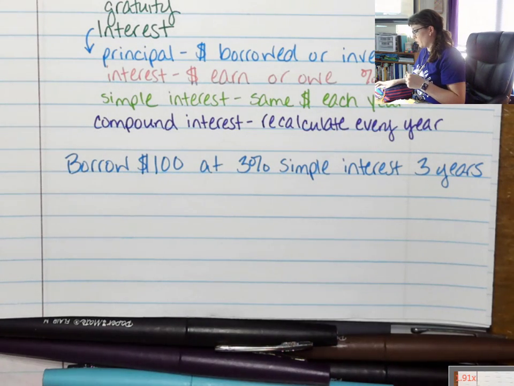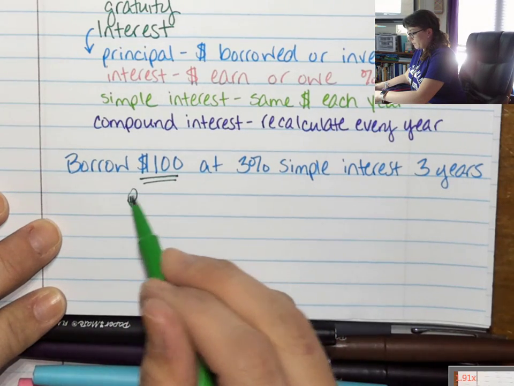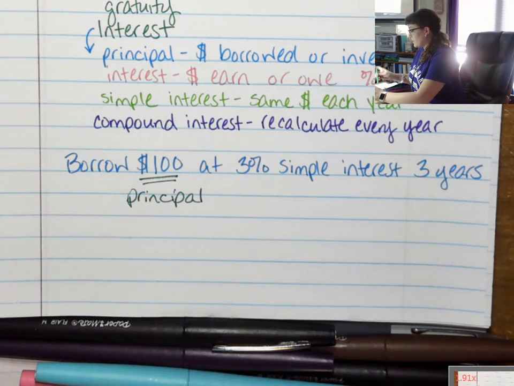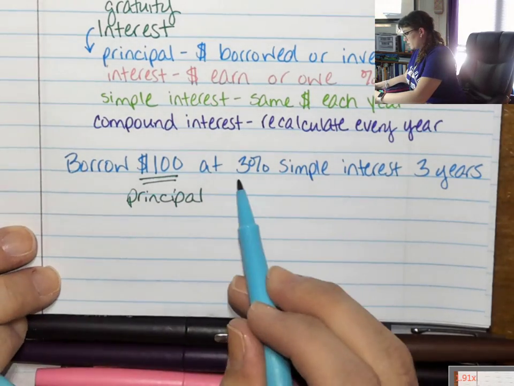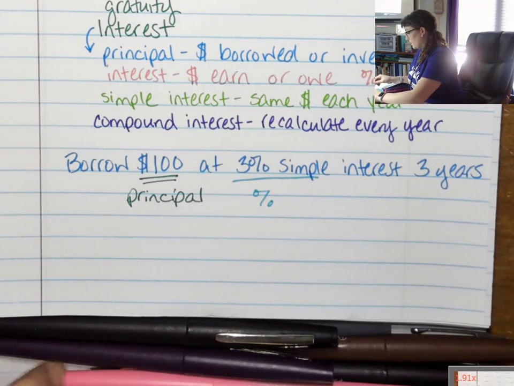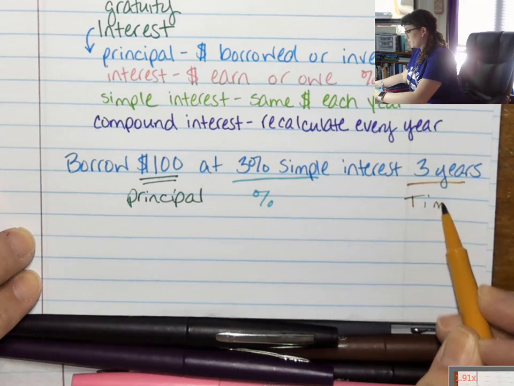What is the principal? 100. So this is the money borrowed. That's my principal. What's my percentage rate? 3. This is my percent. And then how long am I going to keep this loan out? 3 years. This is my time.